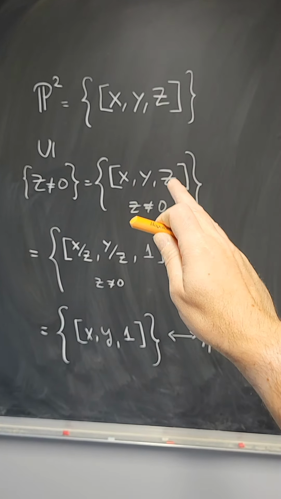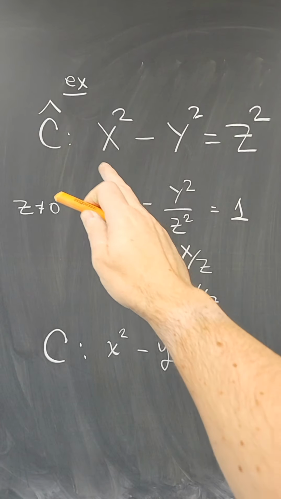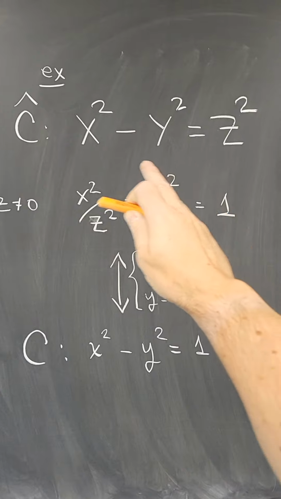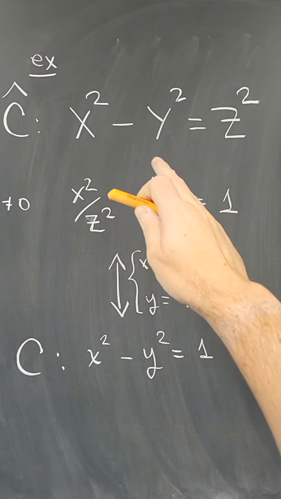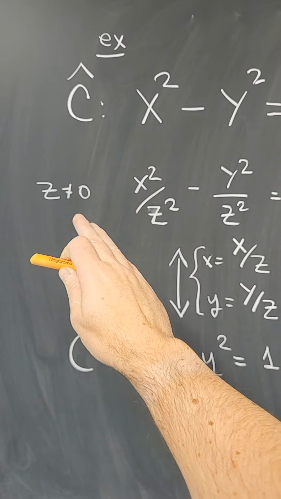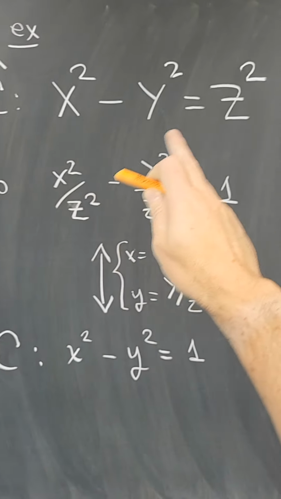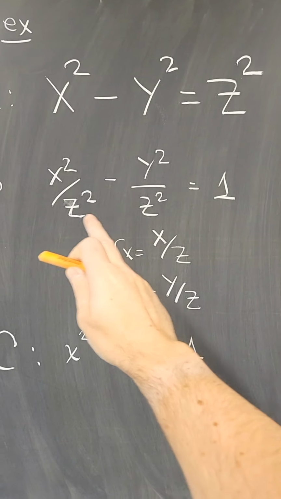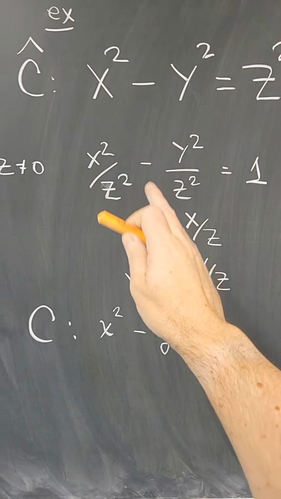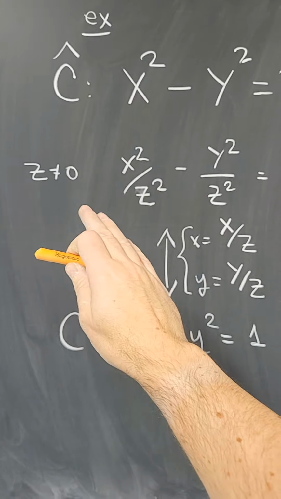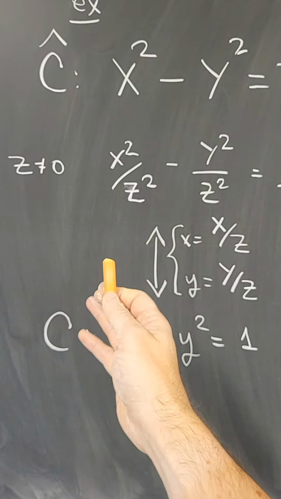And now we're going to use that to find affine charts of curves. So start with a curve that is in projective coordinates. You see it's given by a homogeneous polynomial in 3 variables. For that curve, I'm going to take the chart z is not 0. Since z is not 0, I can simplify this. I can divide through by z squared and get x squared minus y squared equals 1. We have seen that the points on that chart are in bijective correspondence with points on the affine plane.